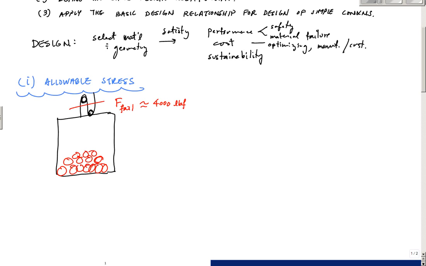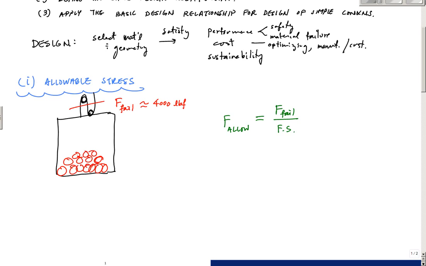And so when I specify a margin of safety, I want to ensure that I never reach this level of 4,000 pounds. And so what I'm going to say is, here's what I allow you, the user, to have. I'm going to say that the occupancy limit of this elevator has to be less than or equal to, or let's keep it equal to, the failure load that I've measured and tested, based on the material that I've chosen, divided by a factor of safety, some margin of safety.